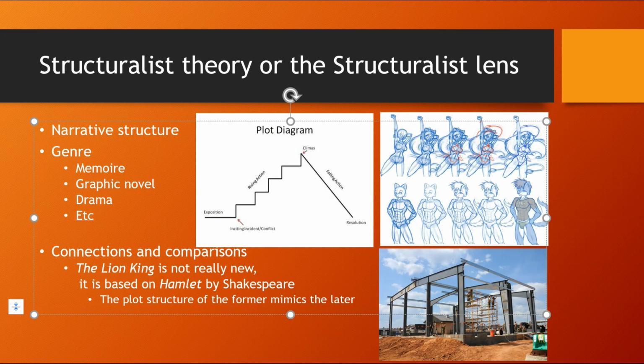But it can even be like the structure of a character, or how a character is put together. Maybe you're making comparisons on how one story is built versus another story. So there's a lot of comparing of structures, comparing of plots, comparing of characters going on here in the structure.